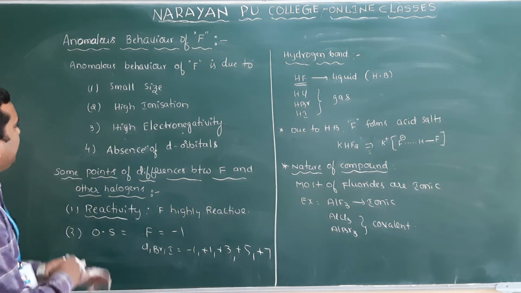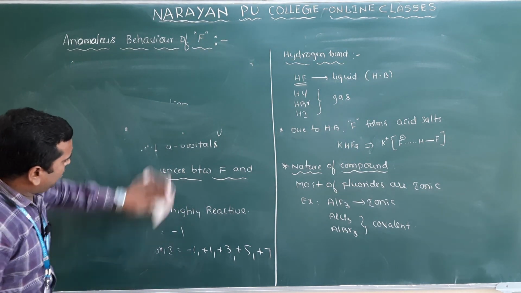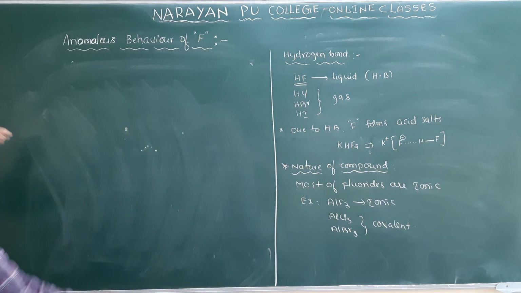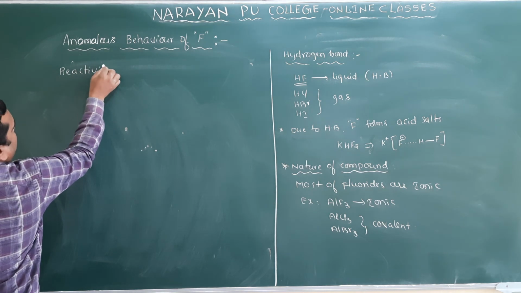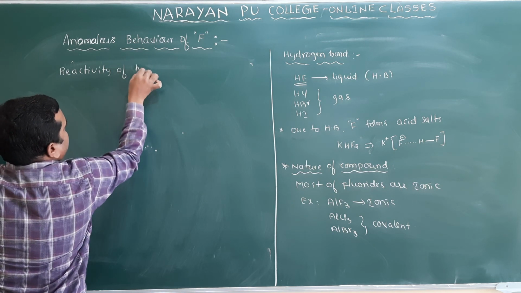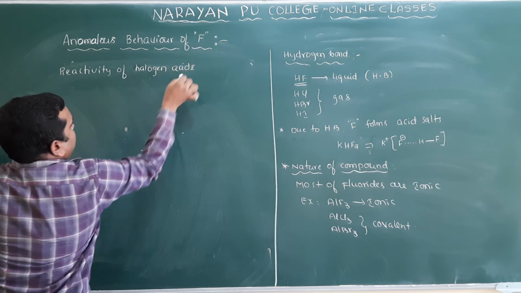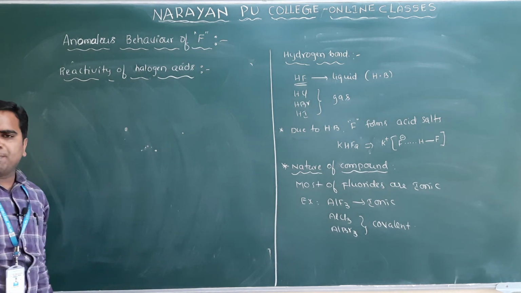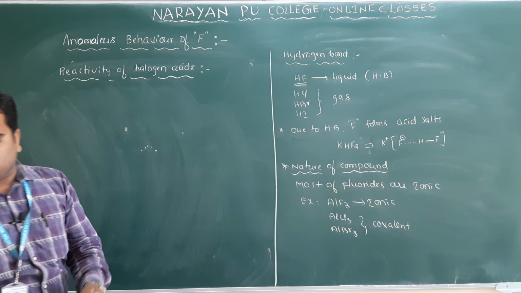These are some different behaviors. And I can write another one here: reactivity of halogen acids. You know that HF is highly reactive compared to HCl, HBr and HI.